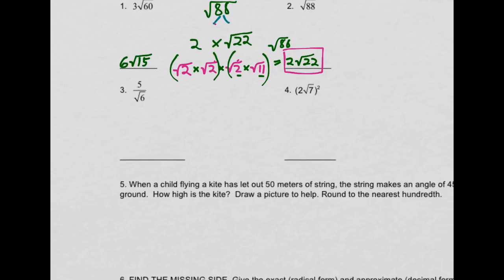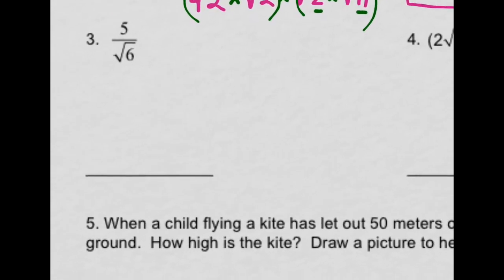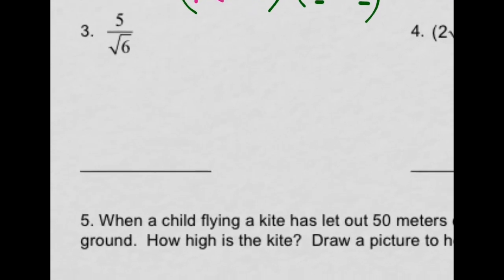Moving right along. Okay, this is another one that we had trouble on the quiz. So, what's wrong with this fraction? If you answered it's got a radical in the denominator, then you are correct. So what do we have to do? We have to multiply this radical times itself, square root of 6.